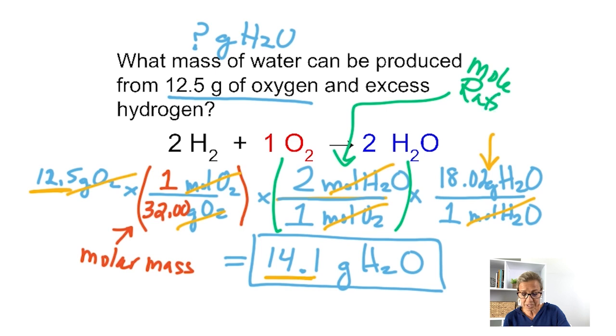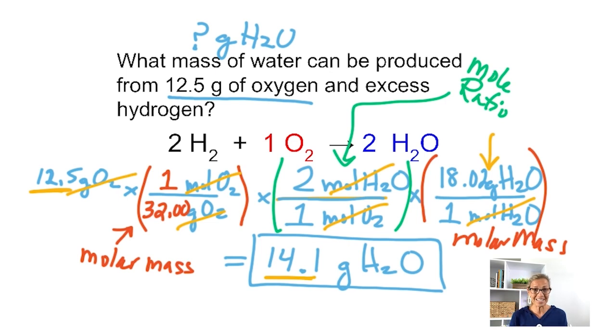The mole ratio is what's going to convert from one substance to a different one. And then what's my last trick here? I used another molar mass. Why? Because I needed to get to grams. So you have 2 tools. Mole ratio goes from moles of one thing to moles of the other, and molar mass gets you back and forth between grams and moles.